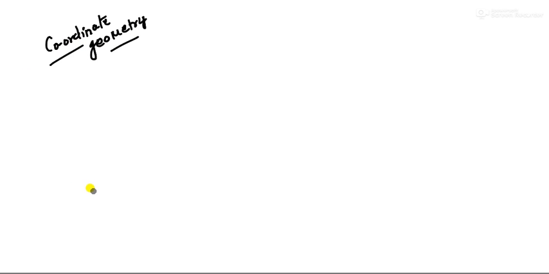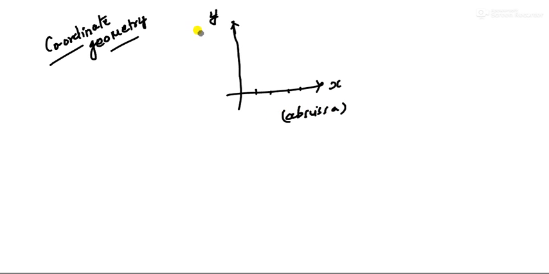Here you have to remember this thing. If you know this concept, your chapter will become easy. This is the x-axis, this is the y-axis. You should know the values on the x-axis, that is 1, 2, 3, whatever is coming towards the right side, they are called abscissa. They may also ask this abscissa, and here they are called y-ordinate.